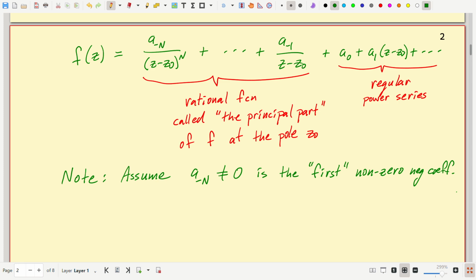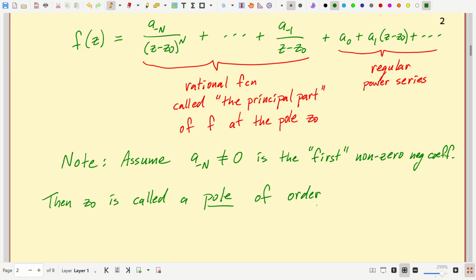And z naught is called a pole, and the pole is said to be of order n. Kind of like we have orders of a zero, we're going to have orders of a pole. And they're kind of similar in a lot of ways.